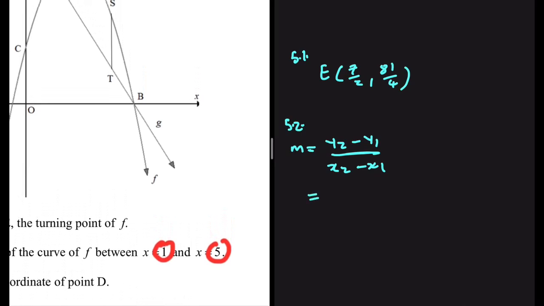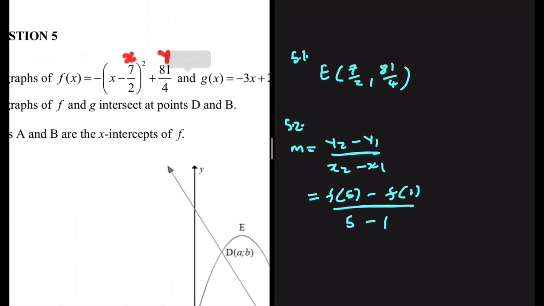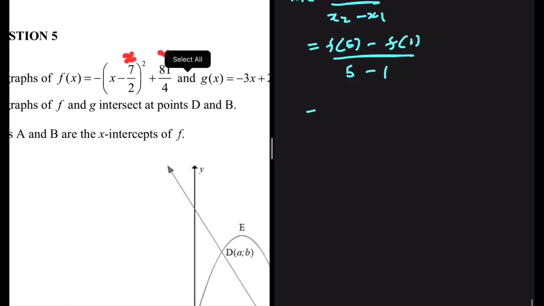So we're going to say that our gradient is f of 5 minus f of 1 divided by 5 minus 1, that is y2 minus y1 over x2 minus x1. So let's go ahead and substitute into our function f of x. For f of 5, we're going to have minus, and in place of x, we substitute 5, and then minus 7 divided by 2, everything to the power 2, plus 81 divided by 4.